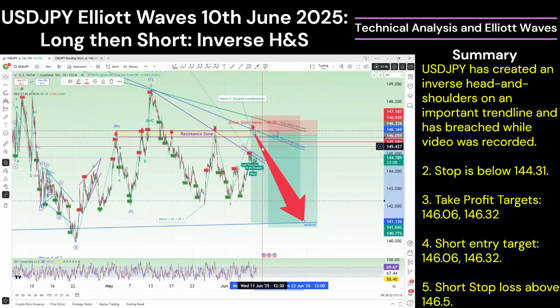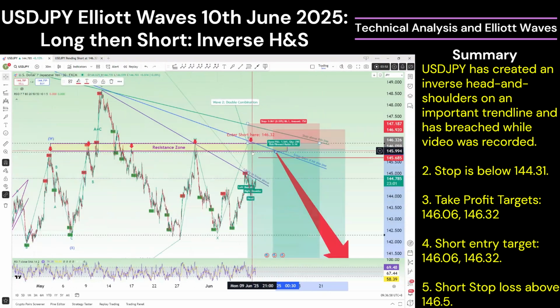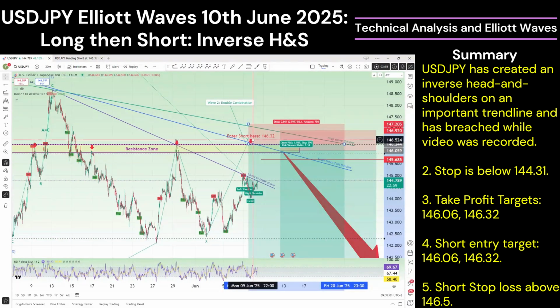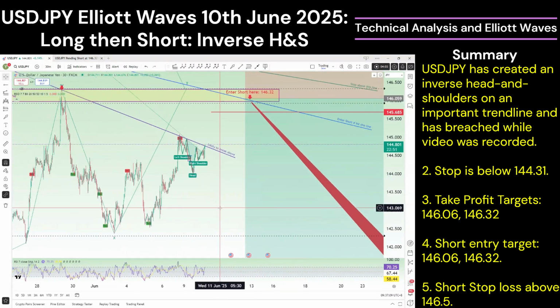Let me just delete this first. Oh, it's behind the. Okay, let me just see whether we could do it somewhere here. Okay, so this short entry. Let me remove this also. It's just too many things here. Let's just shift it first, before we have our final say in where this will go to.